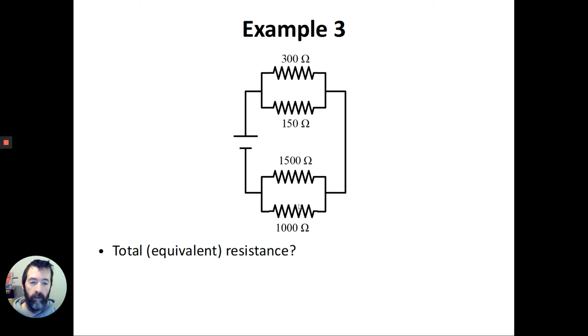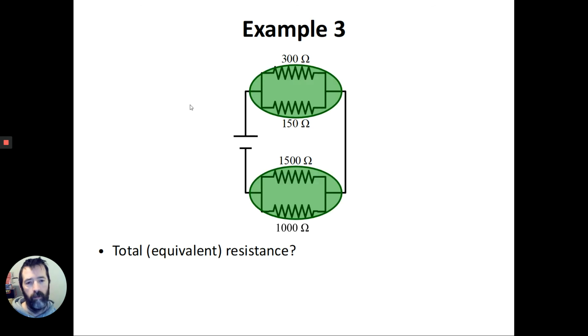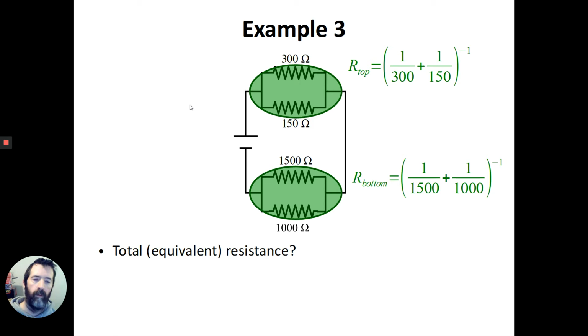And then these 2 are also in parallel with each other. But once I make those replacements, I'm going to have series resistors again. So those are the 2 sections I'm looking at. These are the setups to find the resistances of the 2 sections.